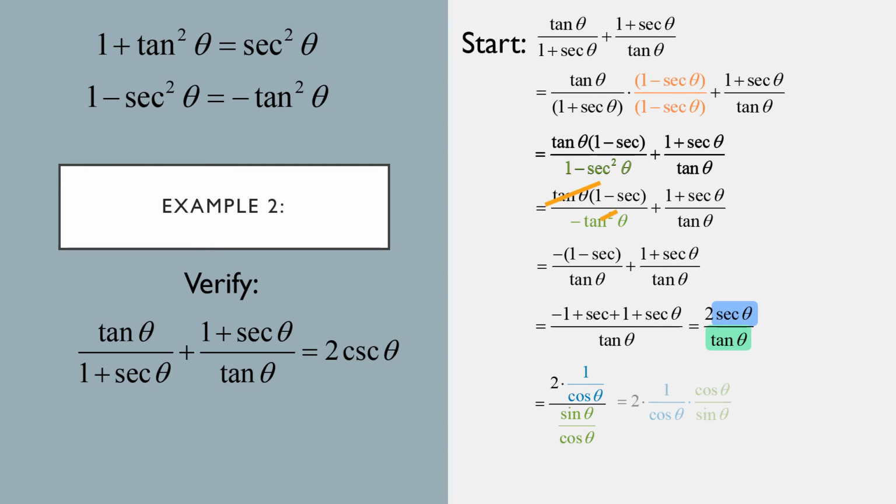Once again, I'll use algebra to multiply by the reciprocal, simplify, and look what we want to end up with. A cosecant of theta following the 2. We have that when we replace 1 over sine of theta with its reciprocal. So again, we have shown that the left side of the identity is equivalent to the right side of the identity.